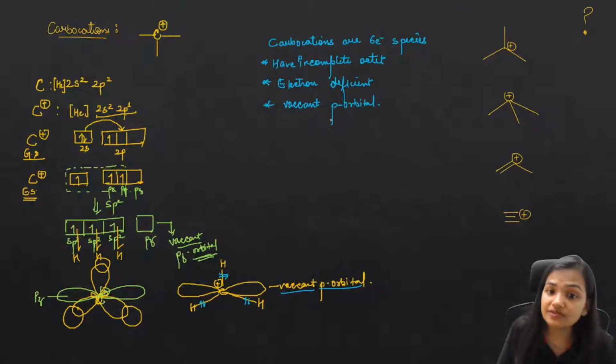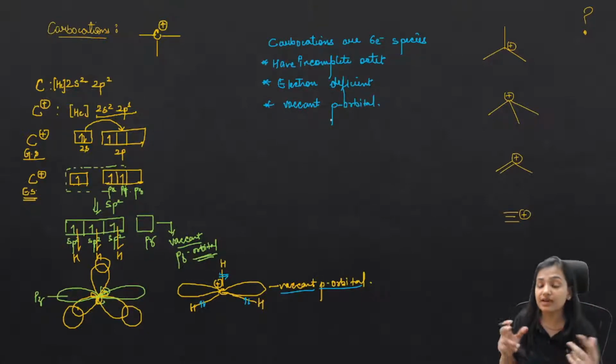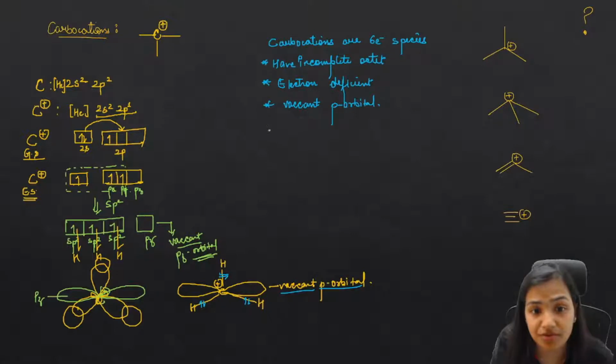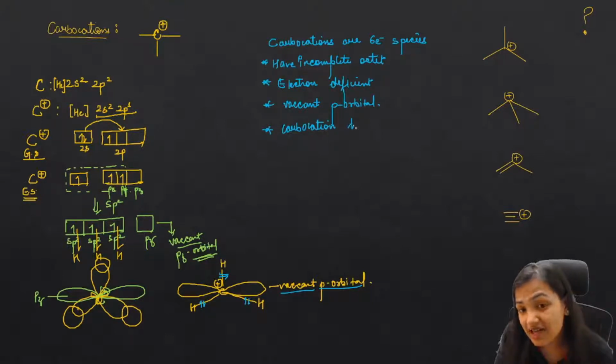Because they are electron deficient and have a vacant p orbital, carbocations can accept an electron pair. Carbocations have a tendency to accept the electron pair.